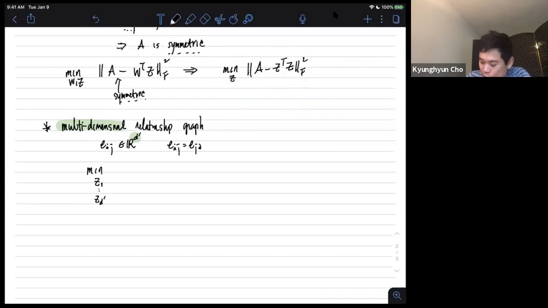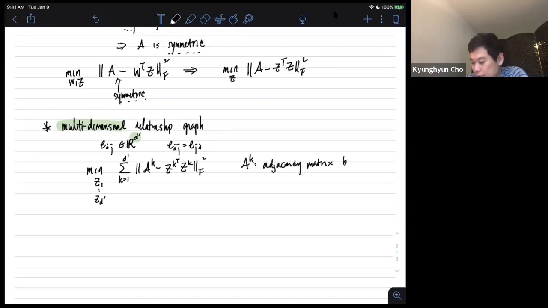And then we're going to go over, let's say k going from 1 to d', and solve this: the Frobenius norm squared of A_k minus Z_k transpose Z_k, where A_k is the adjacency matrix built using e_ij^k. Because e_ij is a vector, we're going to look at only the kth dimension and then build this, and then we can solve this.